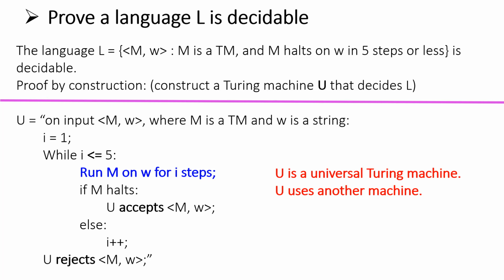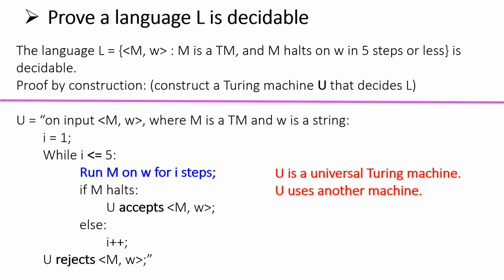After running M on W for I steps, I check whether M halts. To do so, we only need to check whether M enters accept state or reject state after I steps. Once you know how to check whether M halts or not, you can omit the details of how you check it exactly, but just keep the high-level description.